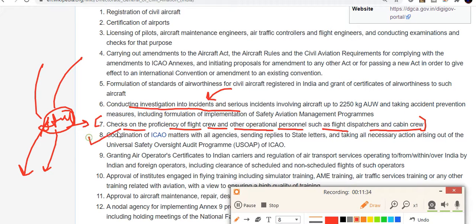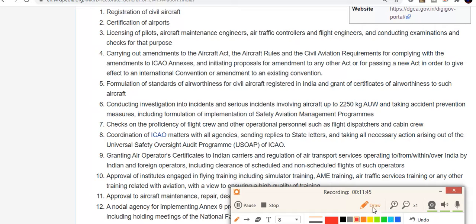Apart from that, the most important thing, coordination with ICAO, that is, International Civil Aviation Organization. What is ICAO? It is the specialized body of the UN, United Nations.